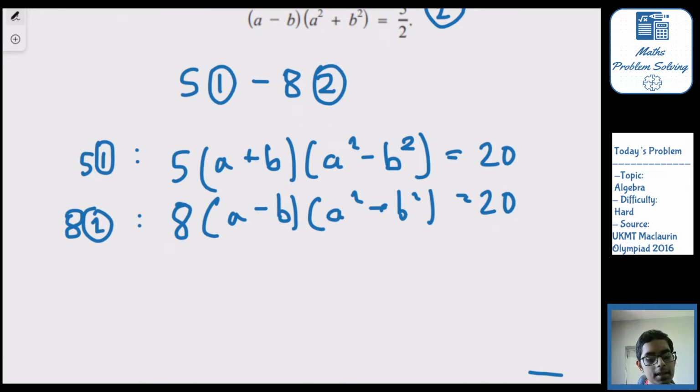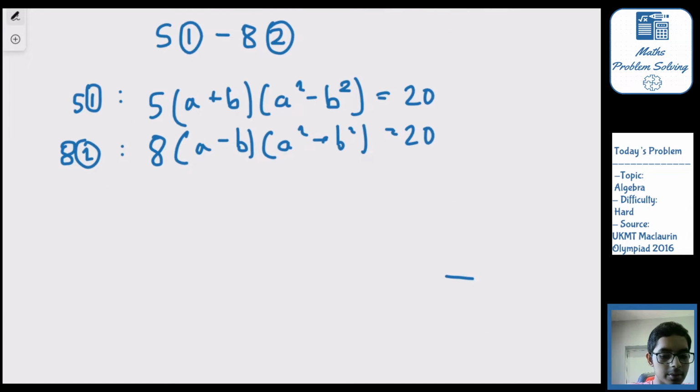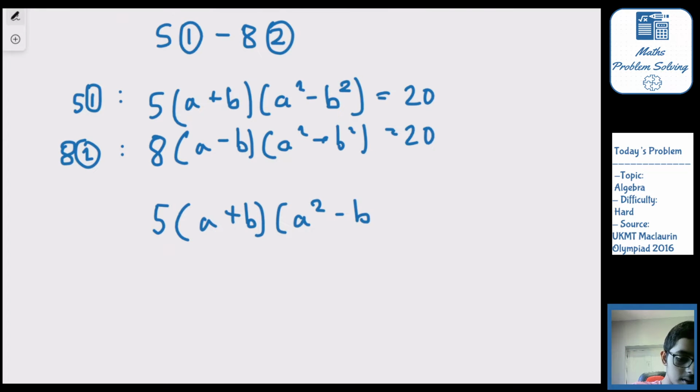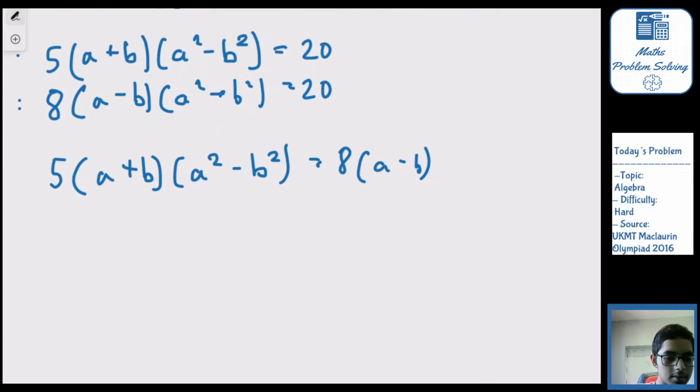So basically, now we have two expressions which are equal to each other: 5, a plus b, a squared minus b squared equals 8 times a minus b, a squared plus b squared.